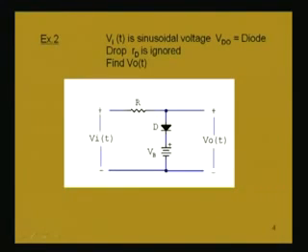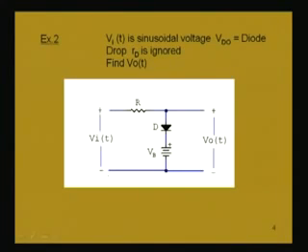In the same example, if we now consider that the diode is not ideal, but it has a voltage drop Vd naught, what will be this output voltage V naught(t) for the sinusoidal input voltage that is being given? In the earlier case also we used a sinusoidal voltage. So, now also suppose we give a sinusoidal input voltage, find the output voltage for this circuit.